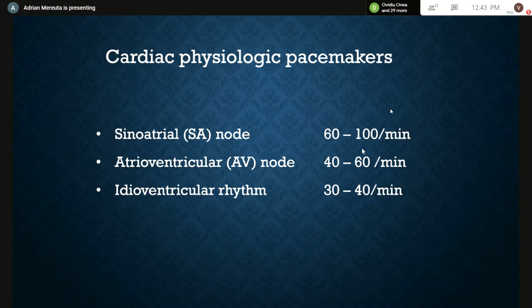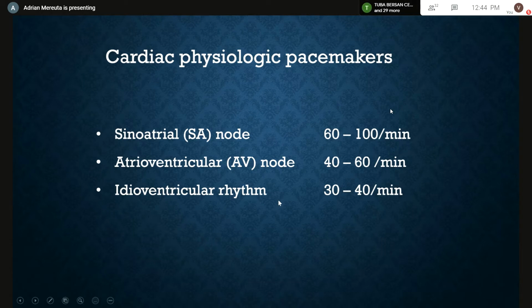If this does not function properly, the next one will intervene, which is the atrioventricular node, a pacemaker with 40 to 60 per minute as heart rate. And if it's not working, the third one intervenes. It's the endoventricular rhythm.